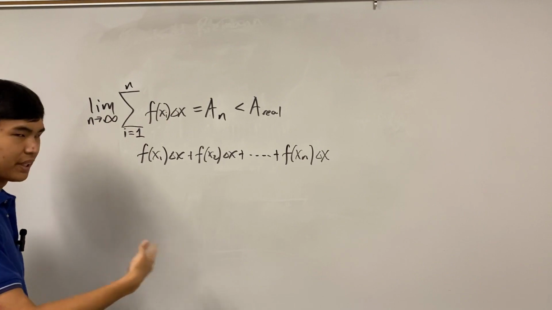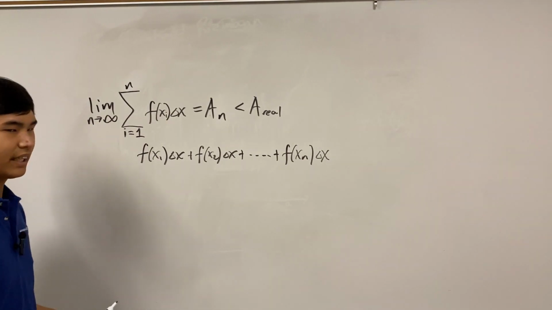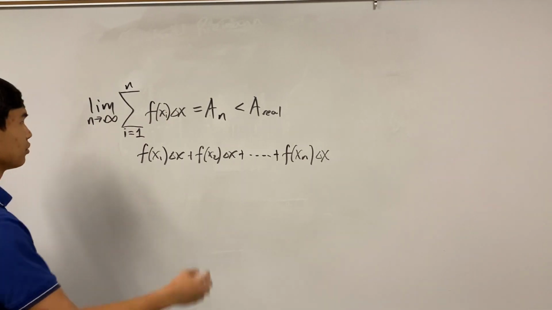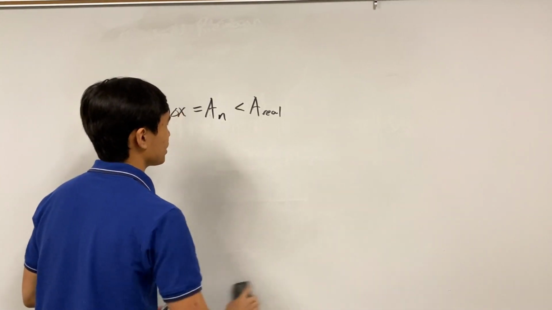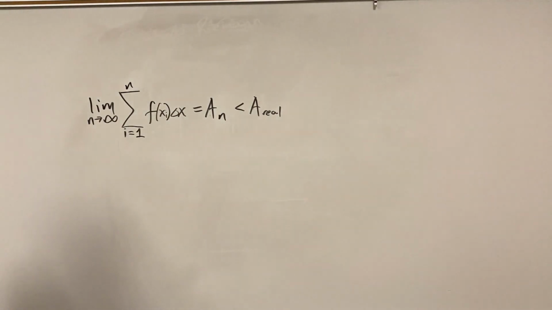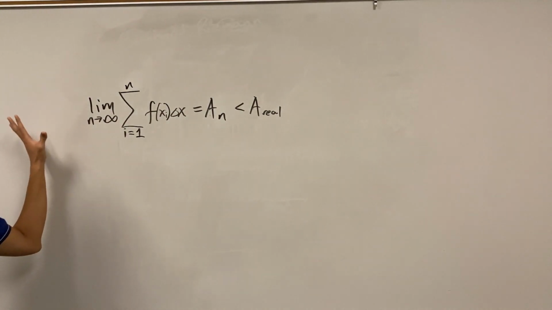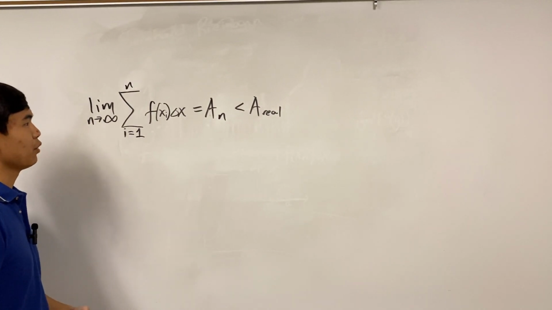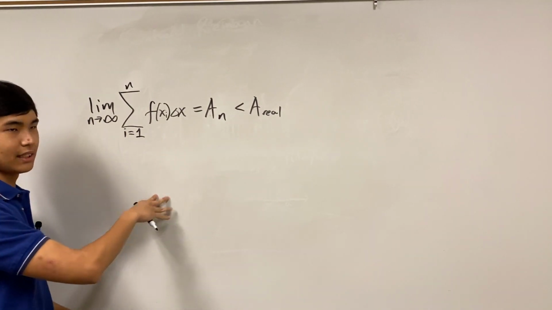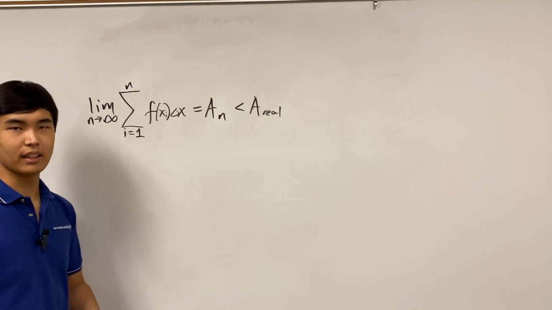But we're never going to add an infinite number of rectangles because that would just take way too long. So we have to find a way to make this faster. And remember how I told you this is a discrete sum? What if we had a continuous sum?